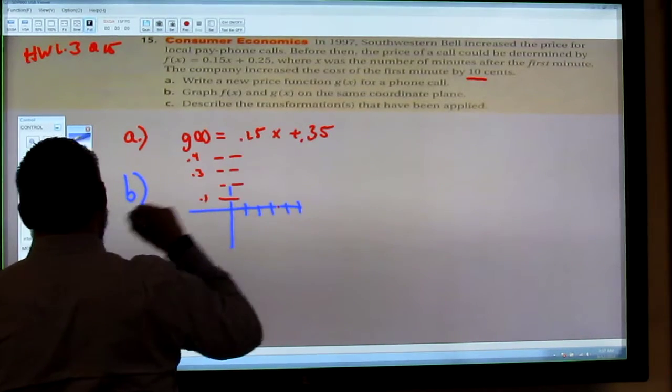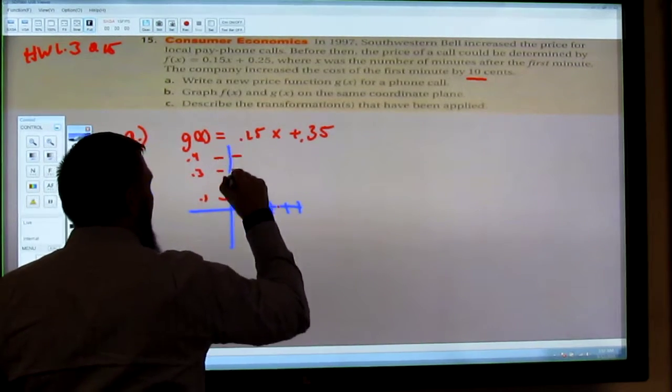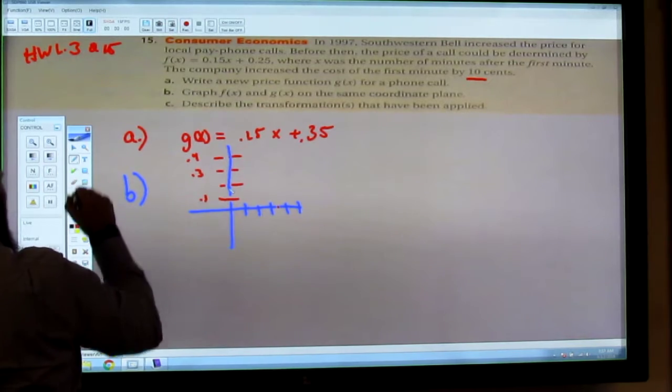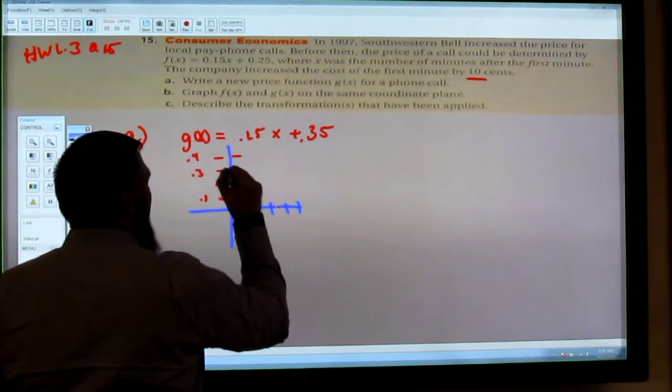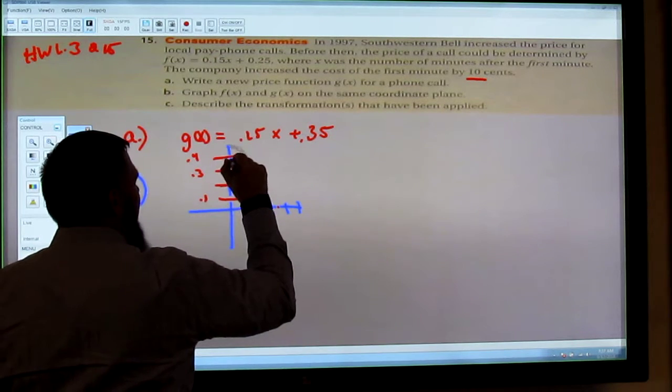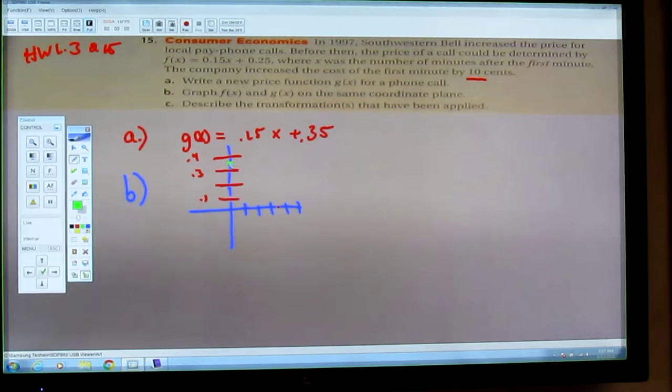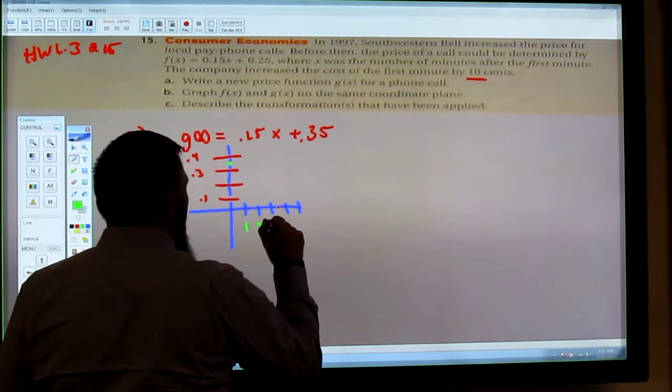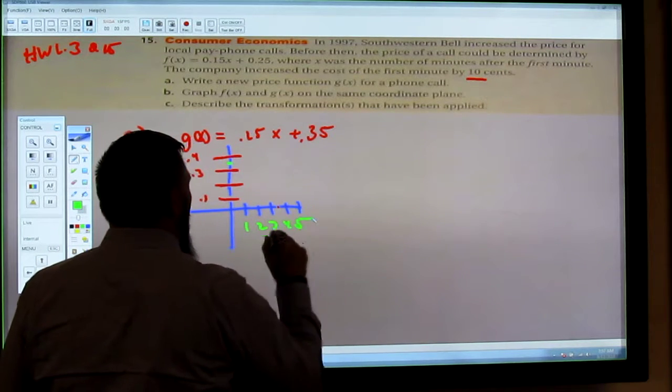There we go. Here, 0.15. Then it's going to go up 0.15 and over 1. I can just call this 1, 2, 3, 4, and 5.